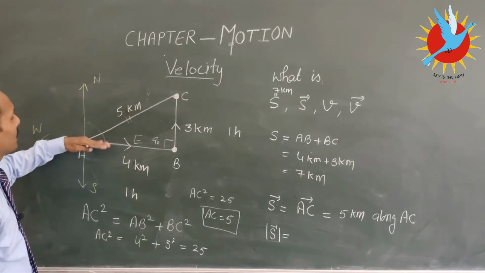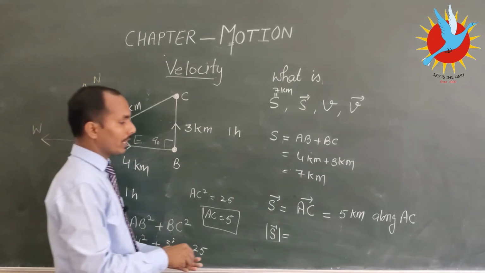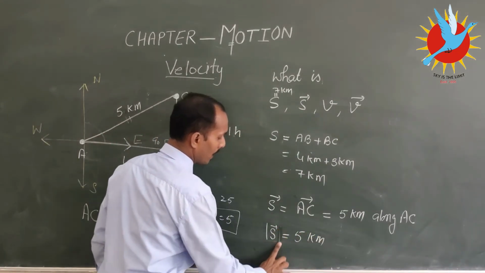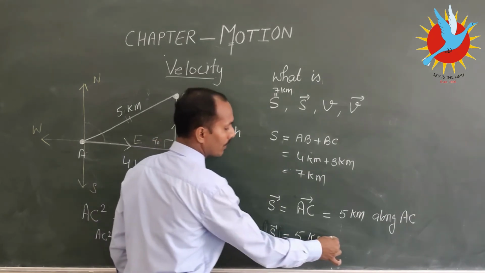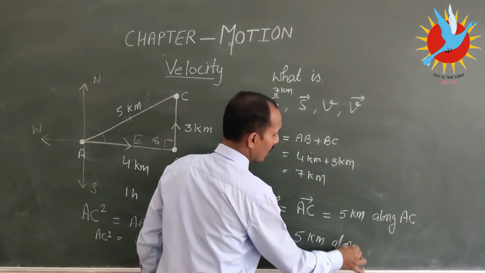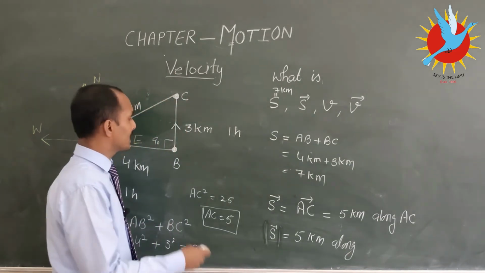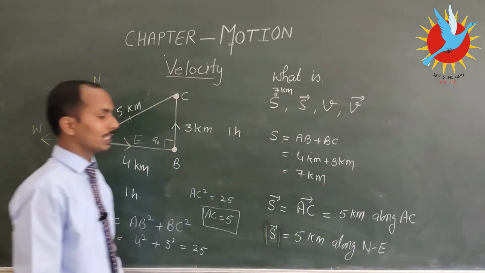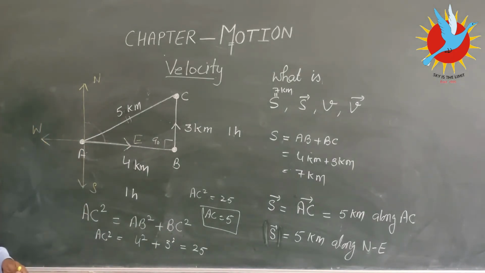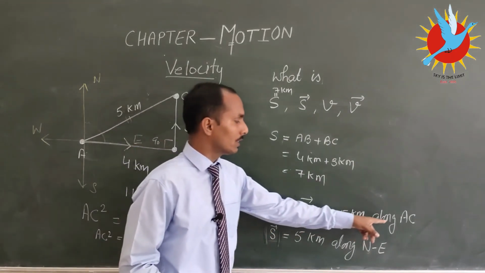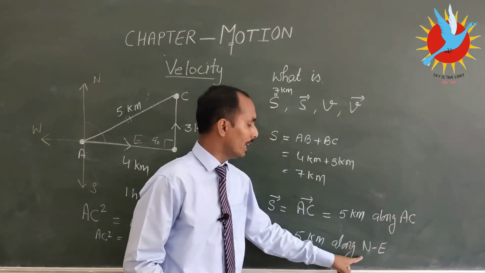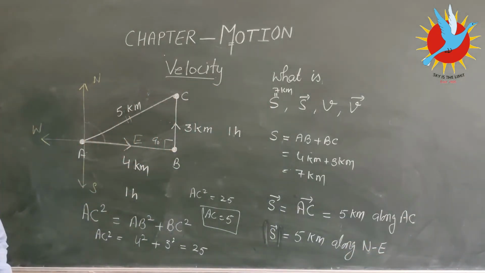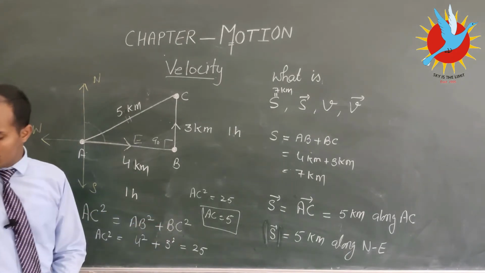This line lies between north and east, so you write the complete vector as 5 kilometer along, or towards, northeast. In this way you show the direction and write the displacement.